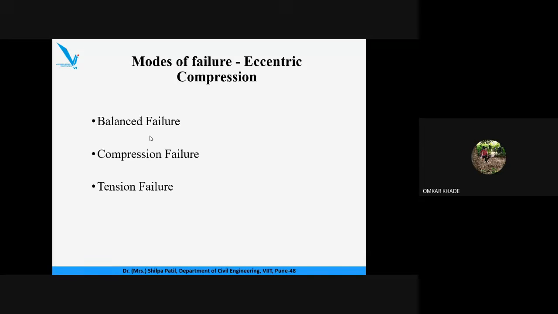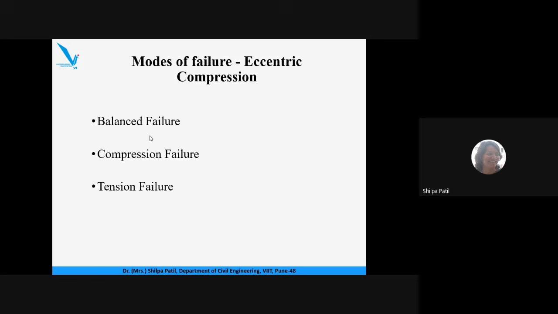Now, as I have discussed, the behavior of a column subjected to eccentric loading depends on the eccentricity. As the eccentricity goes up, moment increases. As eccentricity reduces, moment reduces. As the moment acting on a column goes on increasing, the axial load carrying capacity of a column reduces.